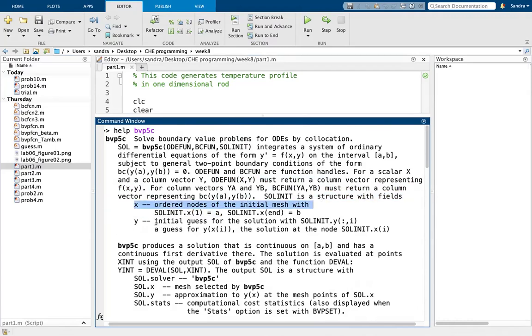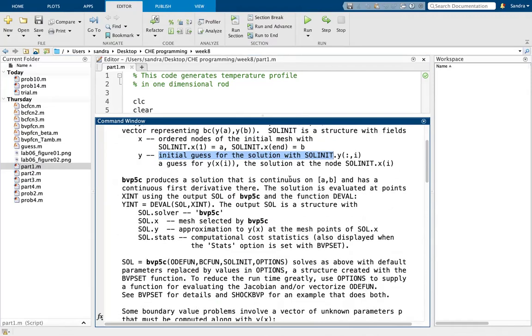And for the y, corresponding to x, I have to give a particular initial guess. Some initial value you have to give so that the ODE solver can start working. So I'm assuming that there are this many grid points, and at these grid points my temperature has a particular initial value. And also my gradient of temperature, since here we are solving for two variables, also has initial values. So this is what we are trying to input.